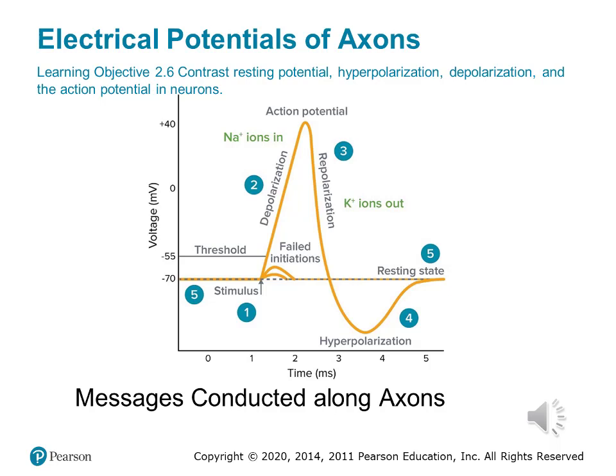Hyperpolarization is what happens when the membrane potential increases. So when a neuron goes from more negative to less negative, as you can see by item number 4.